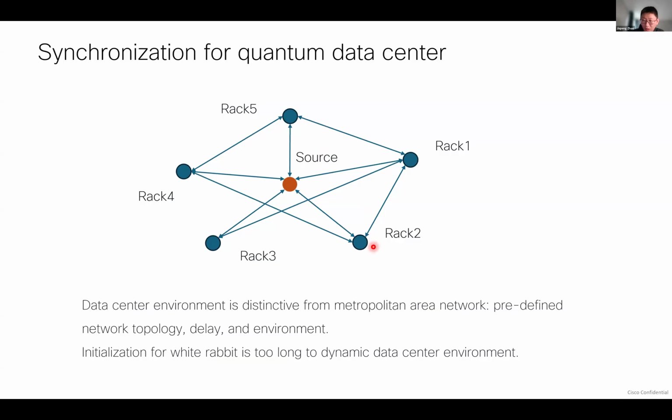The current solution from our side is that we pre-store all the possible connections between each rack, and then we use that pre-stored information as a starting point to reduce the amount of time for the reinitialization of the network synchronization between circuit executions.